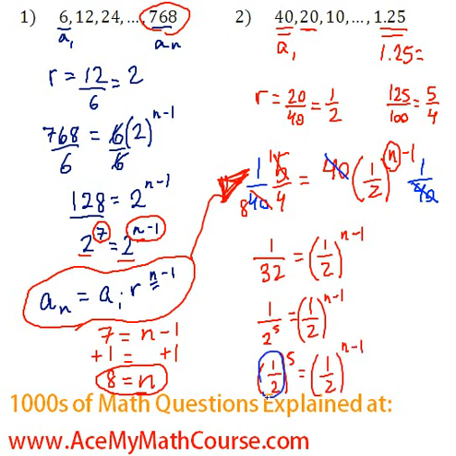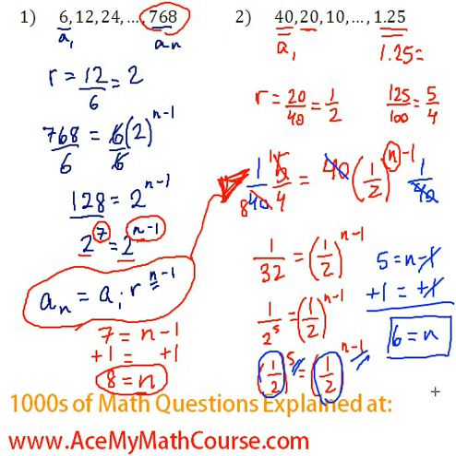So these guys are the same. So 5 is equal to n minus 1. Now I can add 1 to both sides of the equation, and n is equal to 5 plus 1, just 6. So this is the 6th term of the sequence. And that's it.